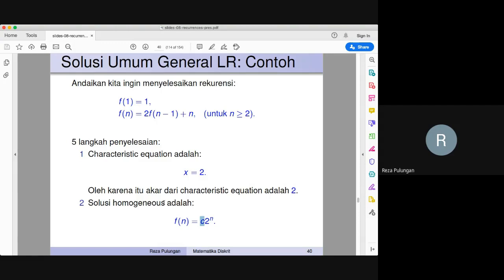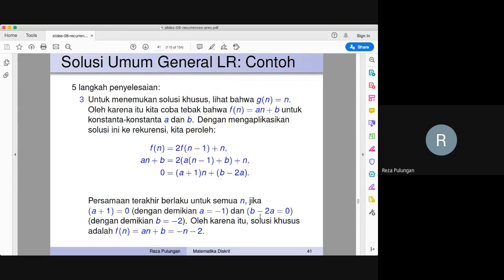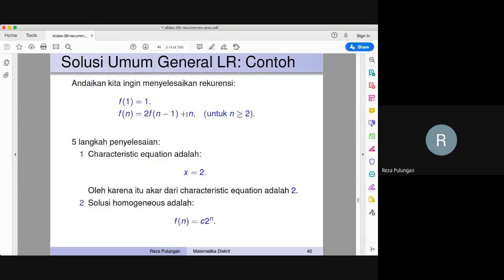Okay, now let's continue. Once we find the homogeneous solution, we have to find the spatial solution. Remember that the inhomogeneity arises from this one. The function is gn is equal to n.